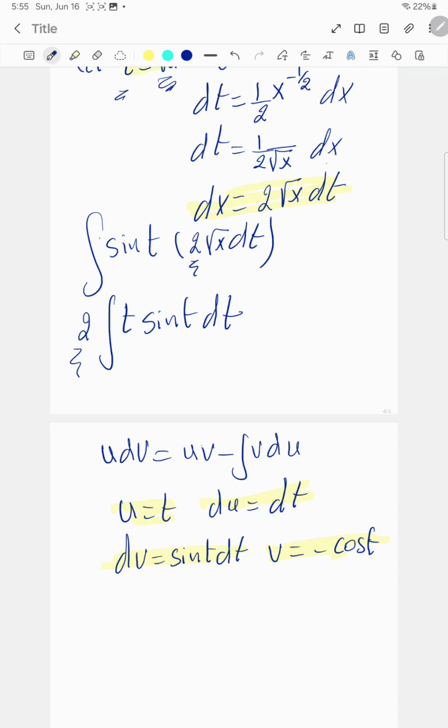So let's not forget the 2 that is here. So I put the 2, I open the big parentheses. It is equal to u times v, which is t times minus cosine of t, and then minus the integral of v, which is minus cosine of t, and then my du is equal to dt.